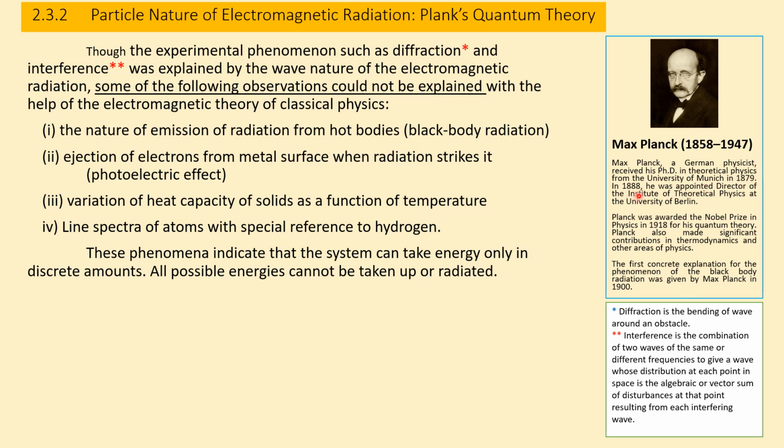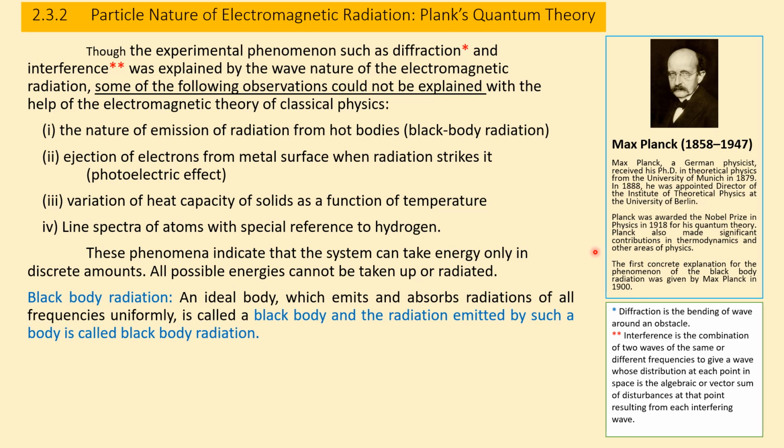In 1888, he was appointed director of the Institute of Theoretical Physics at the University of Berlin. Planck was awarded the Nobel Prize in Physics in 1918 for his quantum theory. Planck also made significant contributions in thermodynamics and other areas of physics. So he explained the blackbody radiation.